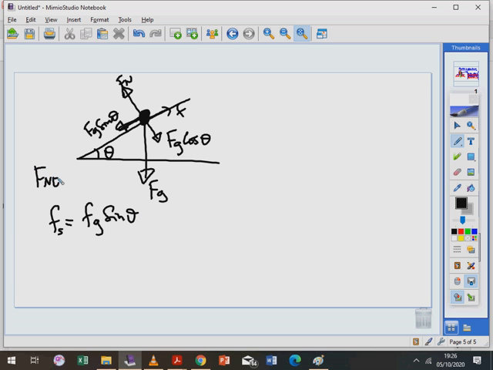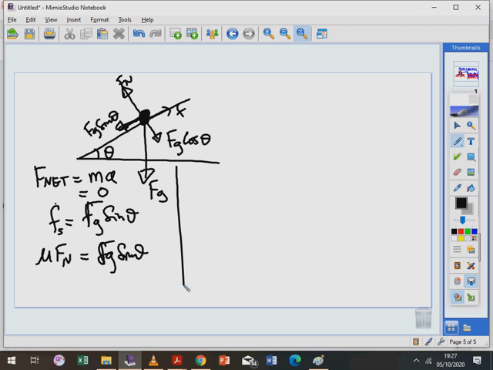Remember, F net equals ma. Since a is 0, that means the forces acting in opposite directions are equal, so that's why I have Fs equals Fg sine theta. Now we know static friction is mu Fn equals Fg sine theta. Fn is the normal force, and on an incline the normal force is equal to the component of gravity that's acting perpendicular to the surface.